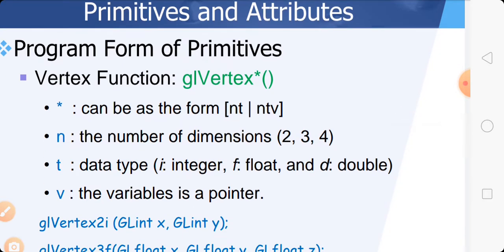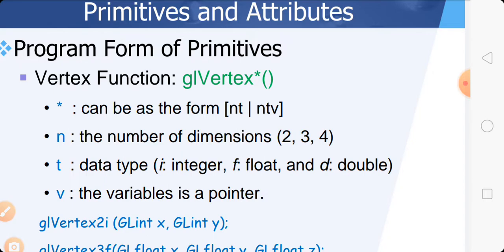तो यहाँ पे देख सकते हैं वर्टेक्स फंक्शन, दैट इज GL वर्टेक्स स्टार फंक्शन। Here star can be of the form nt or ntv, in square brackets. Here n is the number of dimensions, that is we can give a number 2, 3, 4: 2 dimensional, 3 dimensional, 4 dimensional.